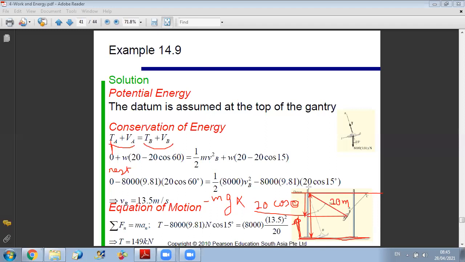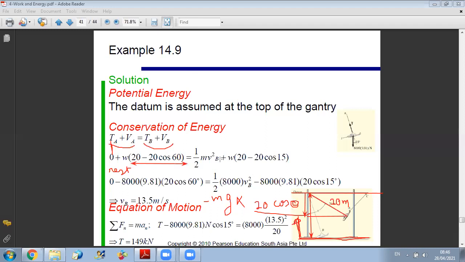This is the whole length here, 20, and you have here 20 cosine 60. So if you take the floor as reference, the potential energy is mg times (20 minus 20 cosine 60). What I want to tell you is that wherever you choose your reference, it will not affect your result, because at the end you care for delta y, and delta y will not change if you change the reference. So whatever the reference you take, you will get the same result at the end.